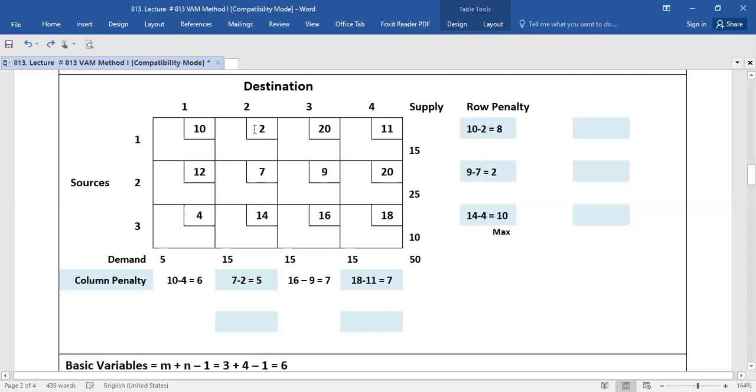The smallest cost is 2 and the next smallest cost is 10. So you will find the difference of these two values. 10 minus 2 is equal to 8. This is your first penalty.